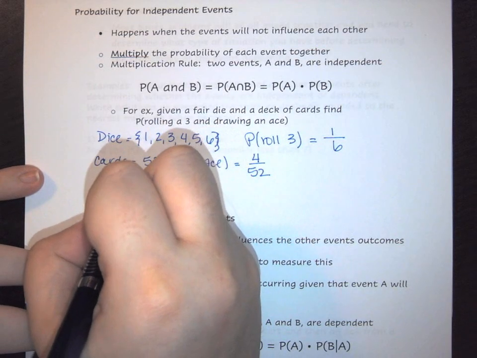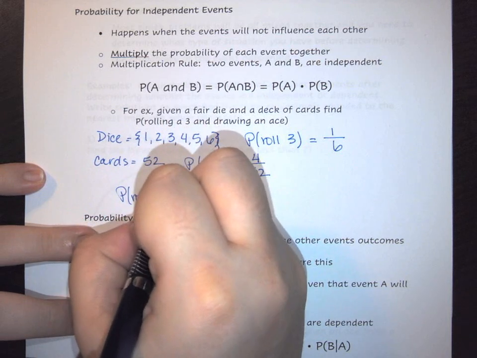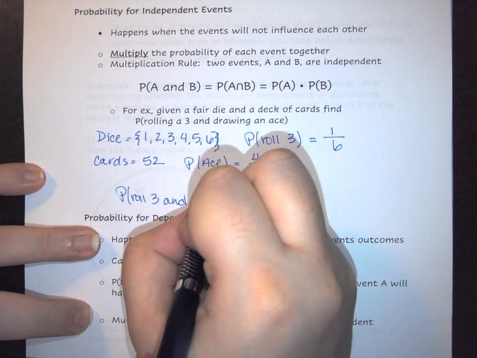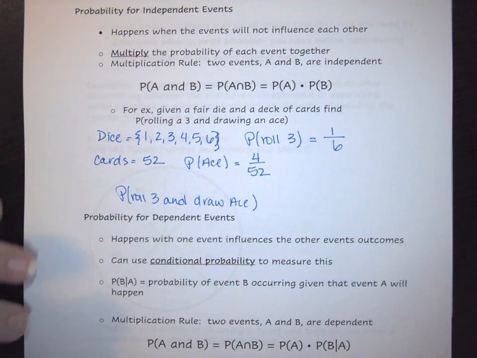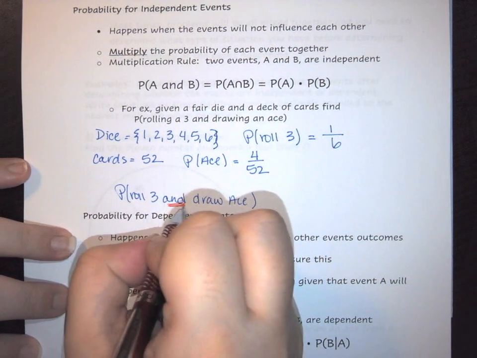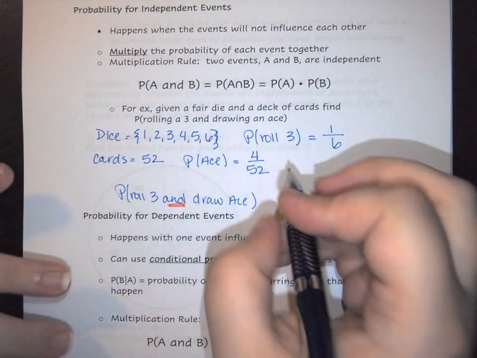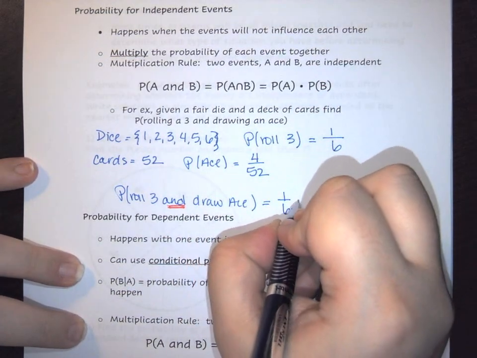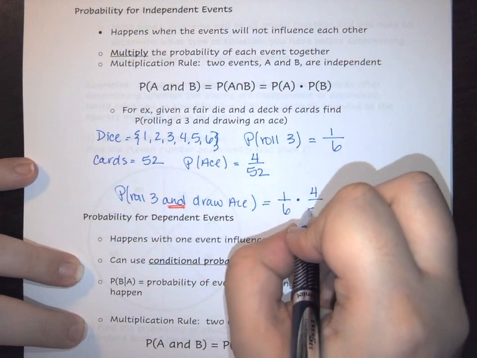So here, my probability that I roll a 3 and draw an ace, and right here is that big indicator that you are going to multiply, says I'm going to take my rolling, 1 over 6, and multiply that by drawing my card, 4 out of 52.